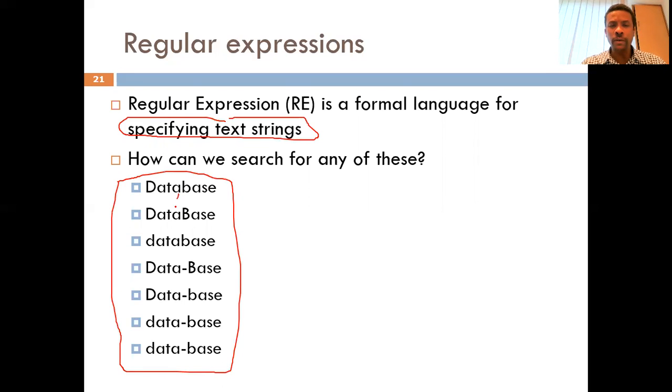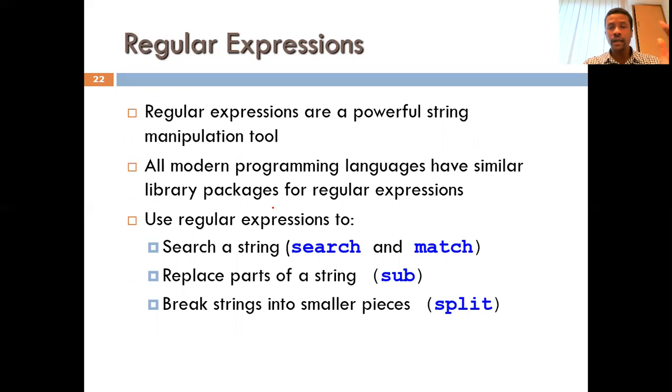As long as the internal coding is different, the computer will say these are not the same. The same is true for the previous example that I gave you in Amharic. So the idea is that a regular expression is a very powerful string manipulation tool, and as I said, it exists in many programming languages.